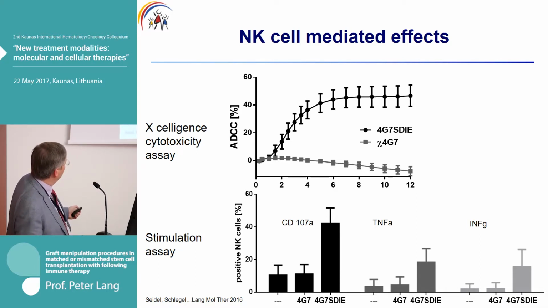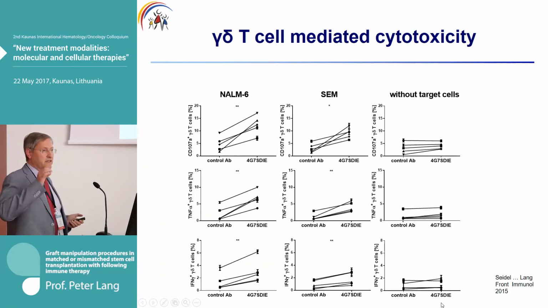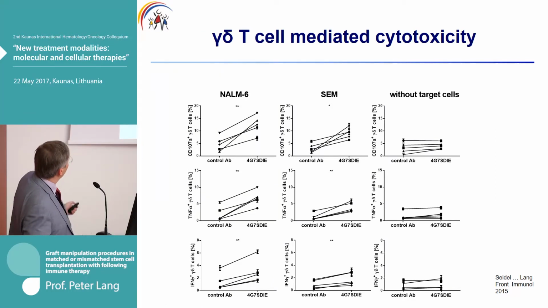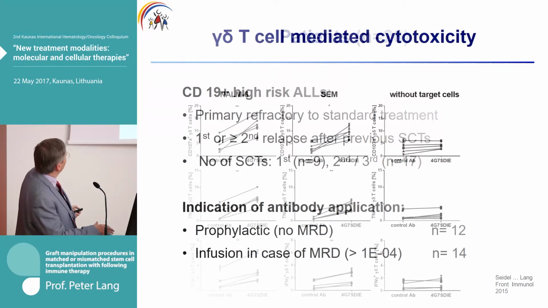TNF-alpha and interferon gamma are very positive with this special antibody construct. And also gamma delta T cells can mediate ADCC. You can see here the specific lysis without antibody, and this is lysis with the Fc optimized antibody, again a significant increase of lysis.